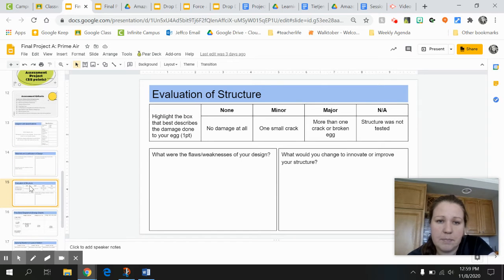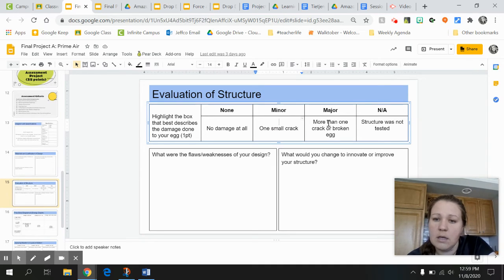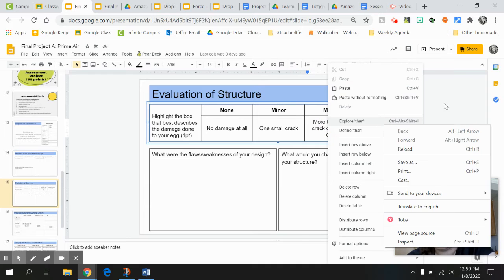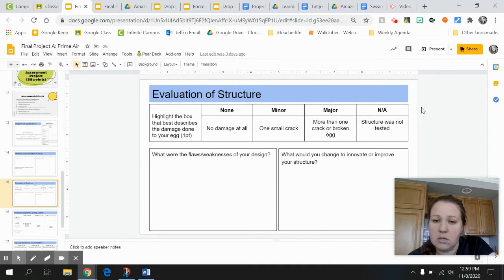Then the next page is all about evaluating your structure. You're going to let me know how much damage was done to your egg, and you'll just highlight the box that fits the damage done to your egg. And then you're going to be identifying and thinking about what were the flaws or weaknesses of your designs?